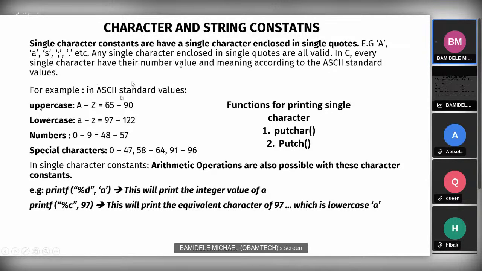Now, for example, uppercase letters from capital A to Z have their values in ASCII, which is 65 to 90. If you are printing a character, let me practicalize this.